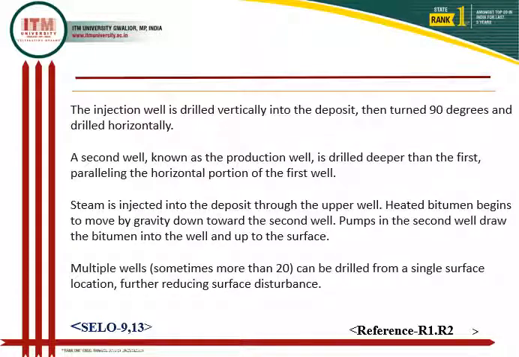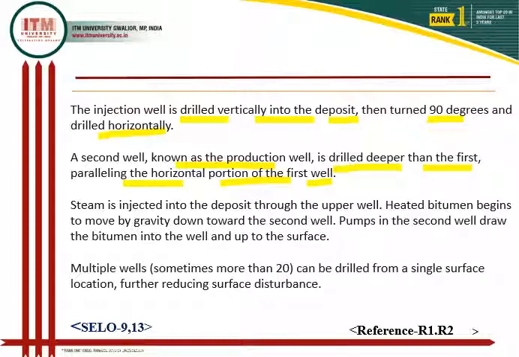The injection well is drilled vertically into the oil sand deposit and then turned 90 degrees and drilled horizontally. A second well, known as the production well, is drilled deeper than the first, and it parallels the horizontal portion of the first well.